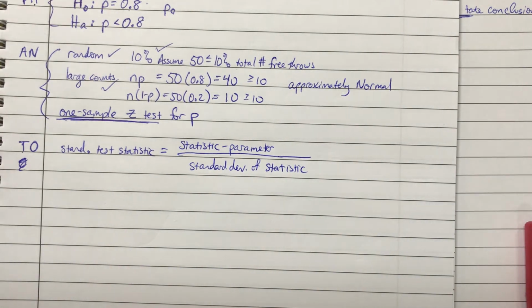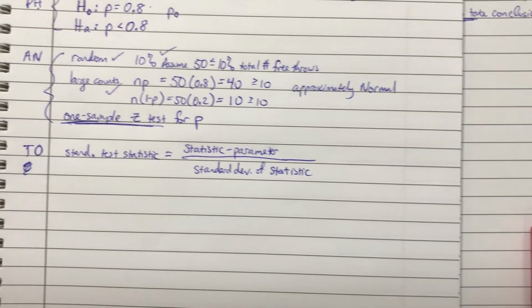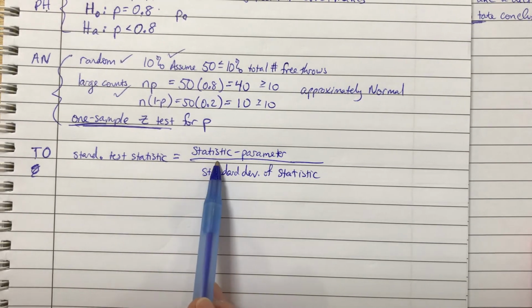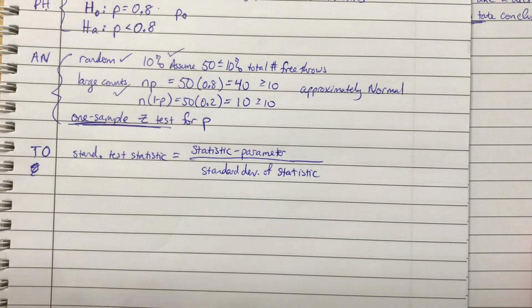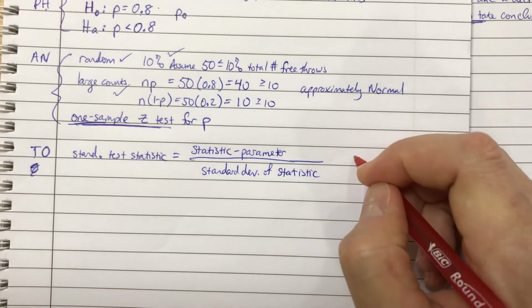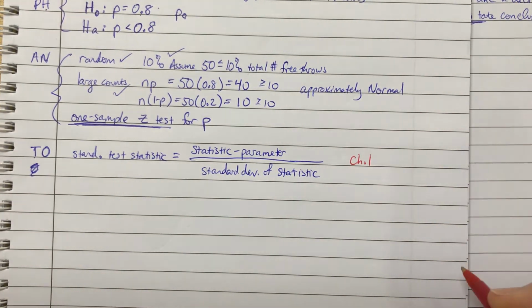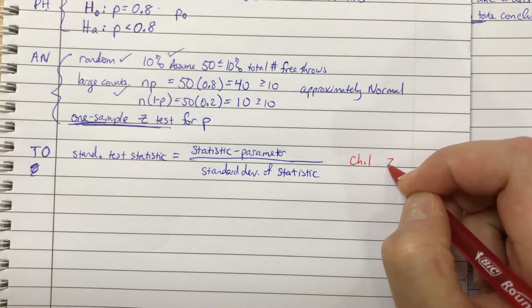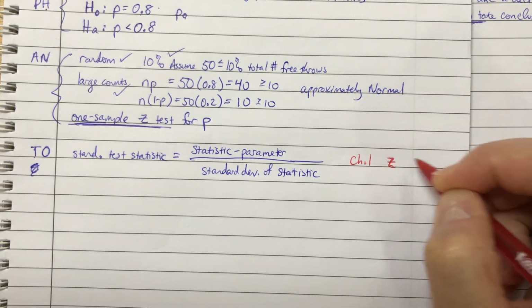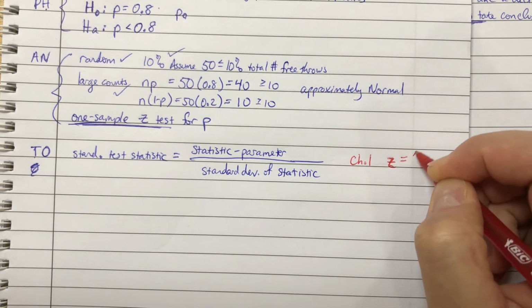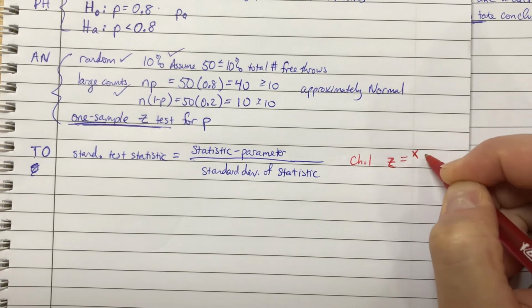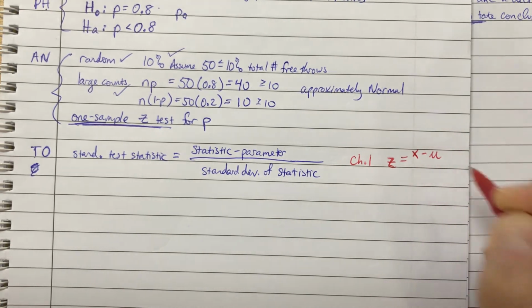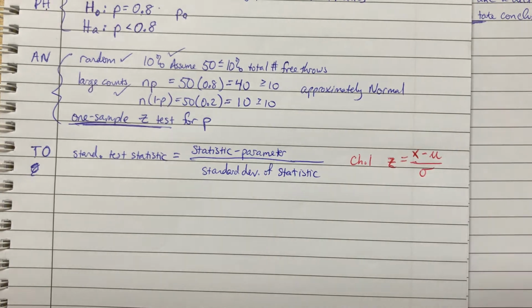Okay, now this is what's on your formula sheet. And you might say to yourself, that doesn't seem very helpful to me. But we have been doing this since chapter 1. Back in chapter 1, we had a simpler way of writing this. We said, this is the formula for how we calculate a z-score: we take the value that we're testing, we subtract the mean, and we divide it by the standard deviation.